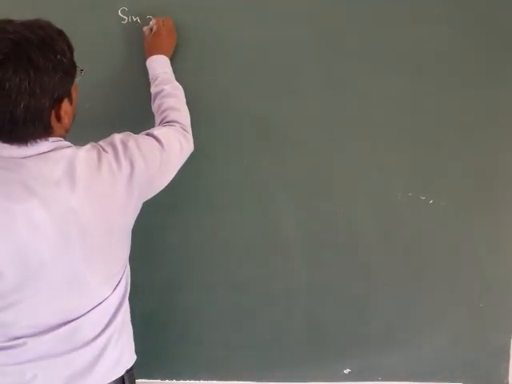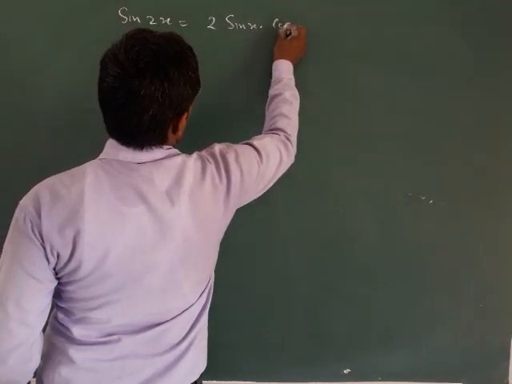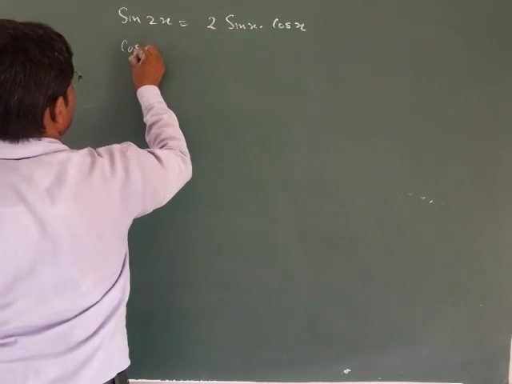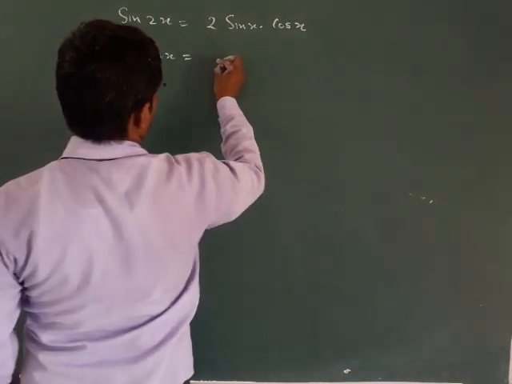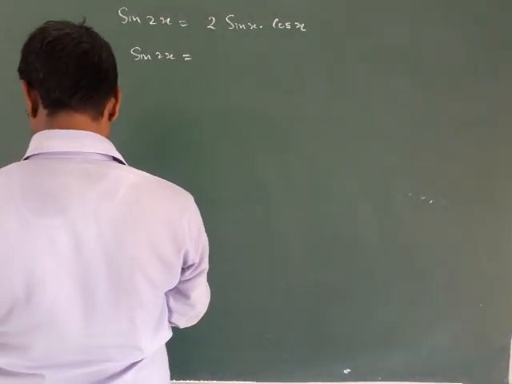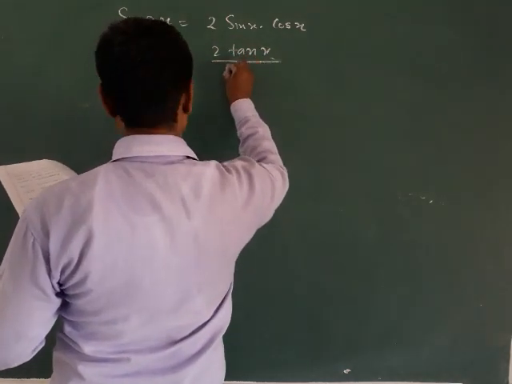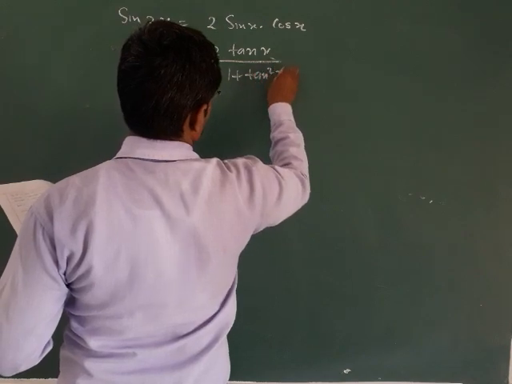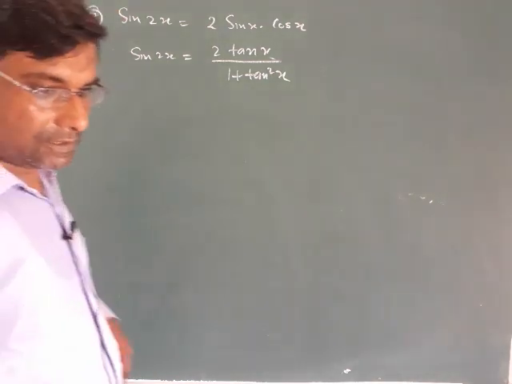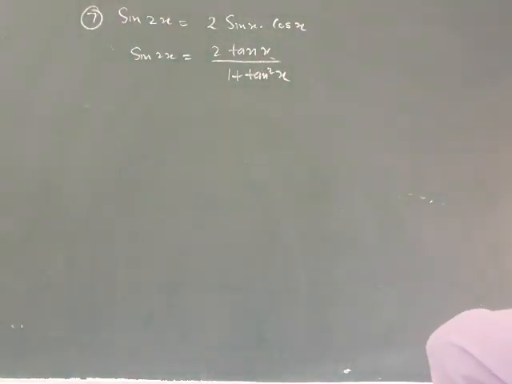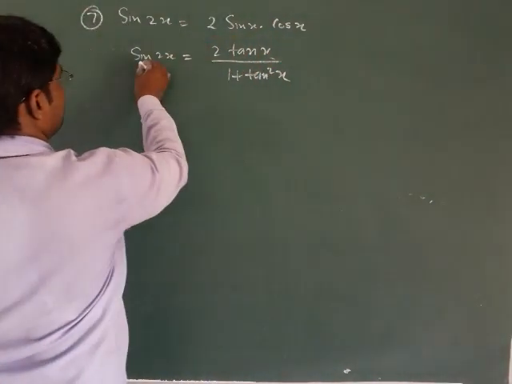Sin 2x is equal to 2 sin x into cos x. Also sin 2x is equal to 2 tan x upon 1 plus tan square x. So this is the formula of sin 2x.